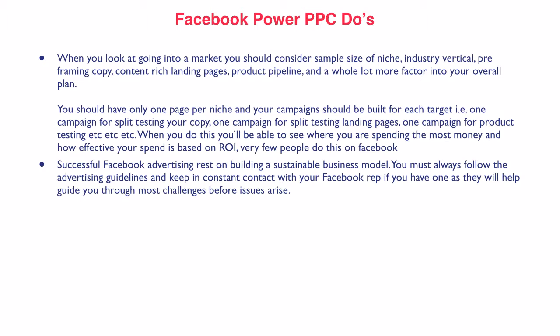It's very important. This is the difference between you doing 3 figures a day and 5 figures a day. So keep that in mind. We're also going to be talking about your product pipeline and a whole lot more to factor into your overall game plan. So really what it boils down to is these are the do's.